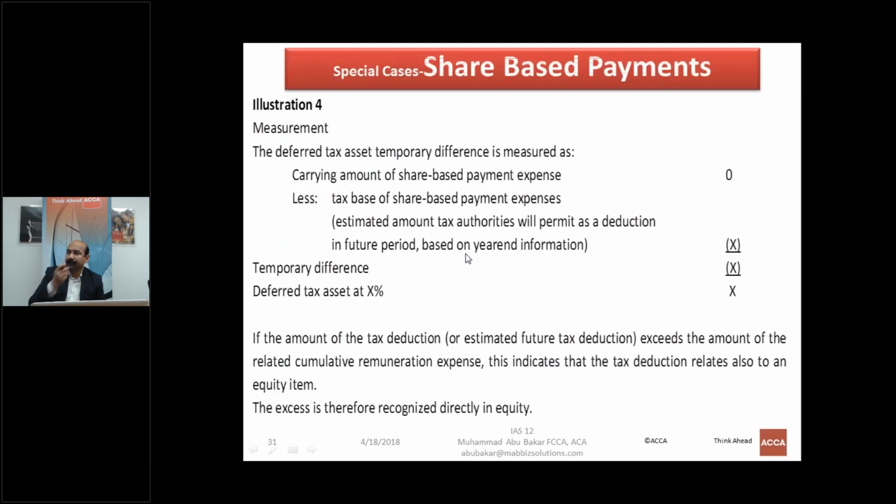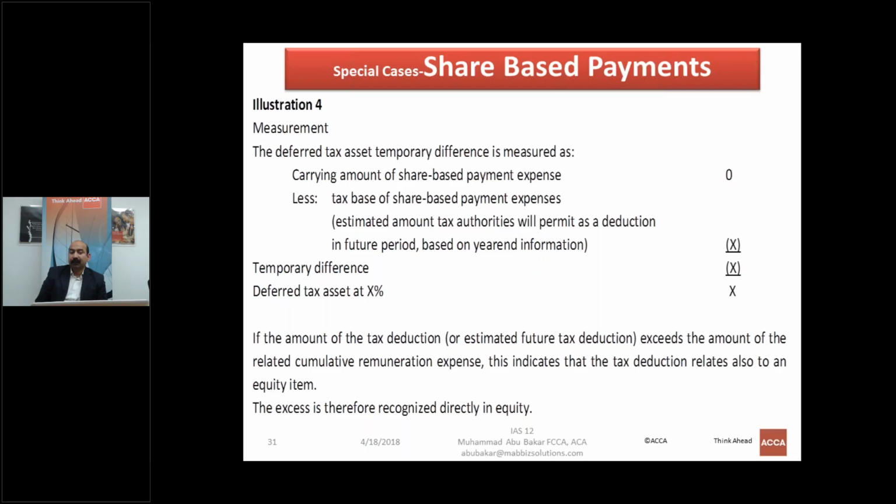Now, next is share-based payments. See, in accordance with IFRS 2, share-based payments, an entity has recognized an expense for the consumption of employee services received as consideration for share options granted.